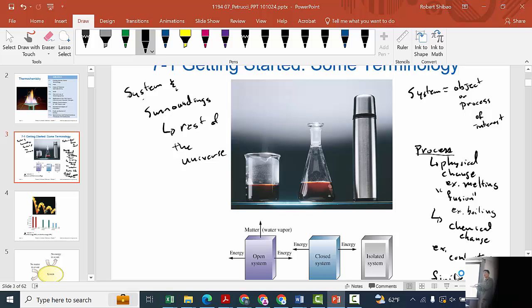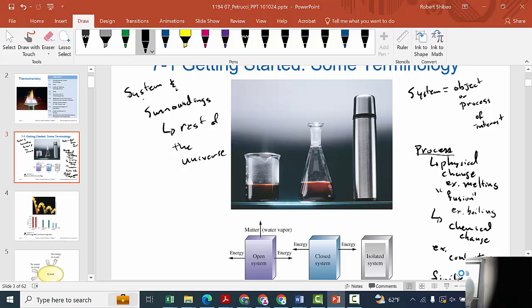I'm losing energy, but that energy doesn't disappear. The energy is going into the ice cubes, melting them. And so the energy is neither created nor destroyed. It's just exchanged. And the way we do this is we say that it's exchanged between the system and the surroundings.